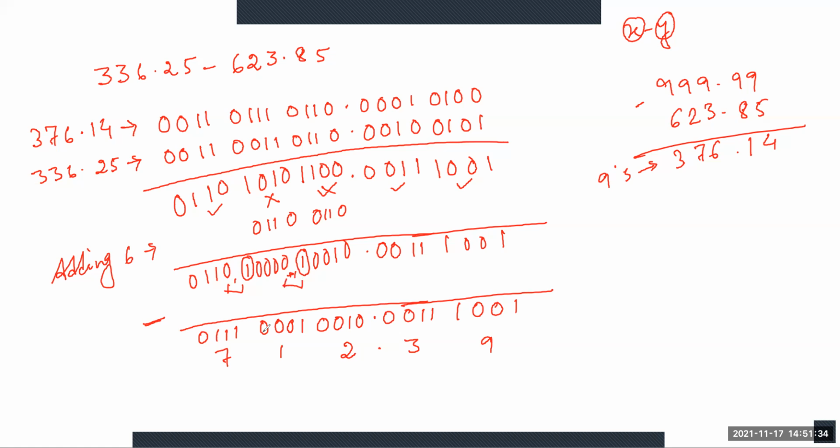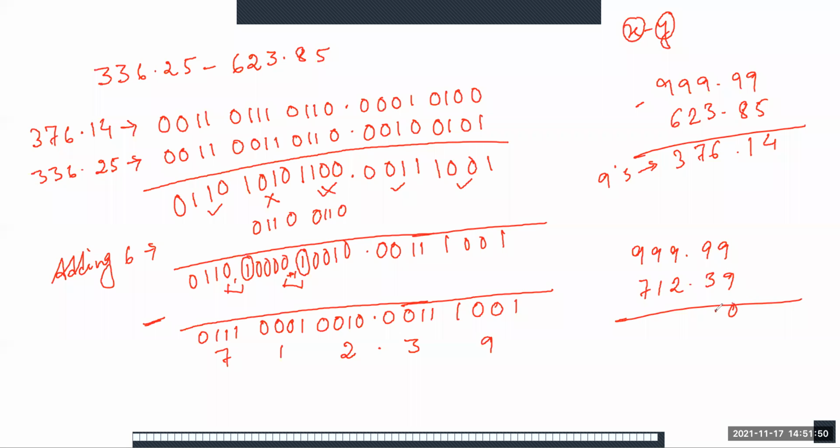So to get the actual form, we take the 9's complement of 997.12: this is 0, this is 6, 9 minus 2, this is 7, 8 and 2.